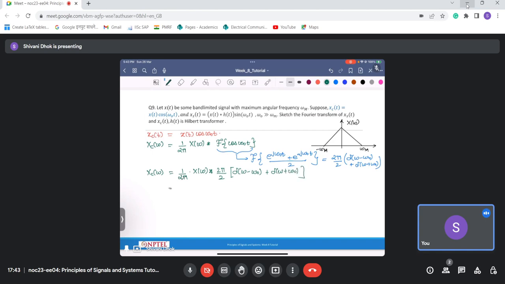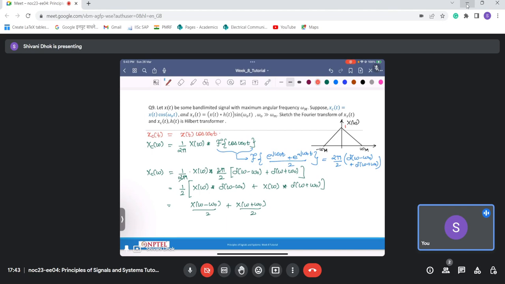The 2 pi gets cancelled, so I have 1 over 2 X(omega) convolved with delta(omega minus omega naught) plus X(omega) convolved with delta(omega plus omega naught). This comes out to be X(omega minus omega naught) by 2 plus X(omega plus omega naught) by 2. And let's say, without loss of generality, the maximum value of X(omega) is 1.